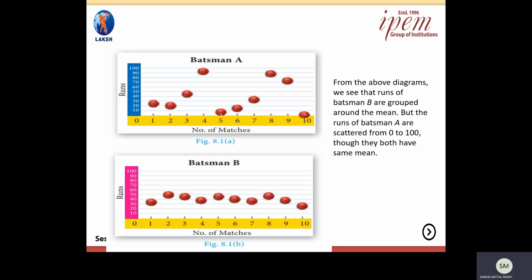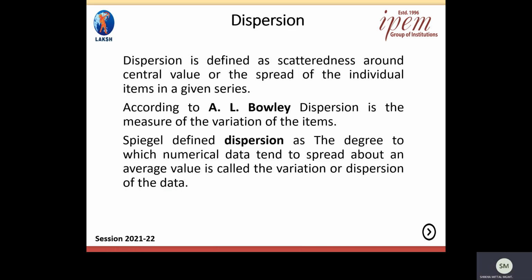So, a measure of central tendency gives the central value, but it does not reflect whether the values are scattered around the central value or not. So, for this, we take the help of dispersion.